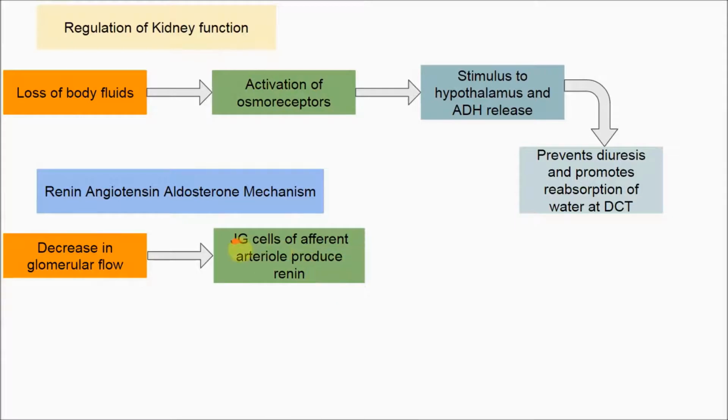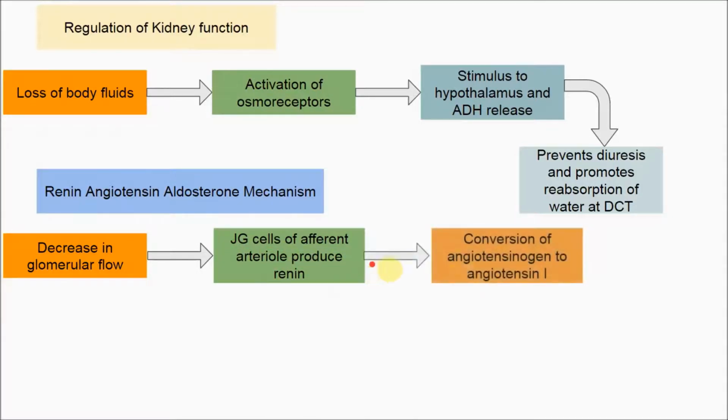Renin is very important for the conversion of a protein called angiotensinogen to angiotensin 1. Remember, angiotensinogen is an inactive form produced by the liver. It is converted into the active form called angiotensin 1.